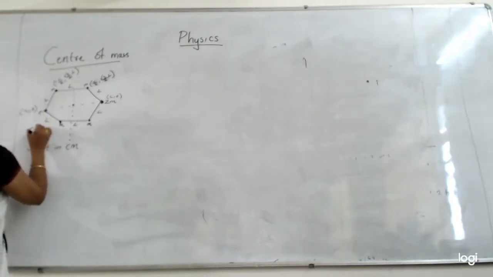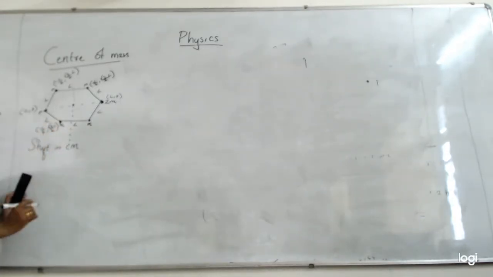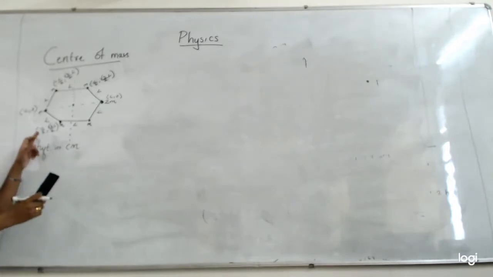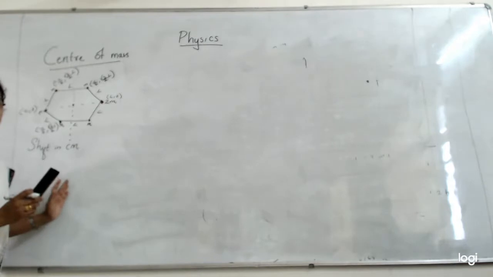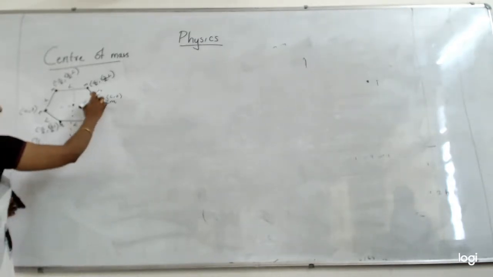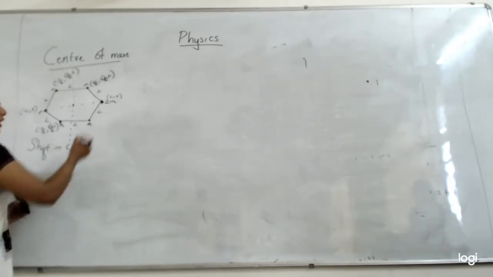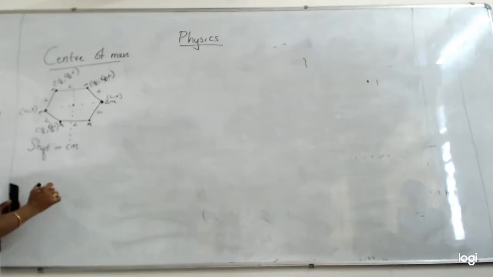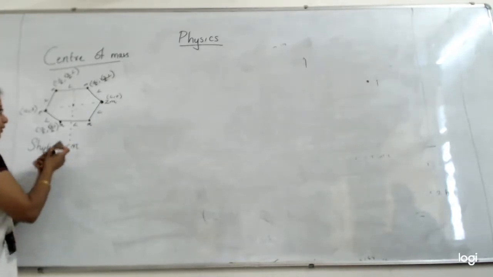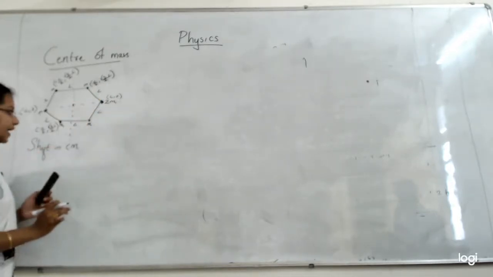This, both the coordinates are negative, so minus L by 2, minus root 3 by 2 of L. We are writing here cos 60 and sin 60, because we know the angle between these two sides is 120 degrees. If you do it like that, it's 60 degrees, then the x-coordinate will be cos 60 and the y-coordinate will be sin 60.